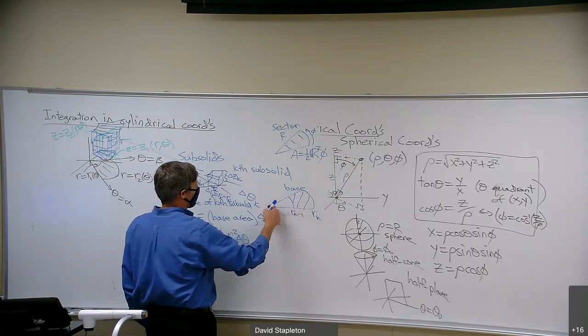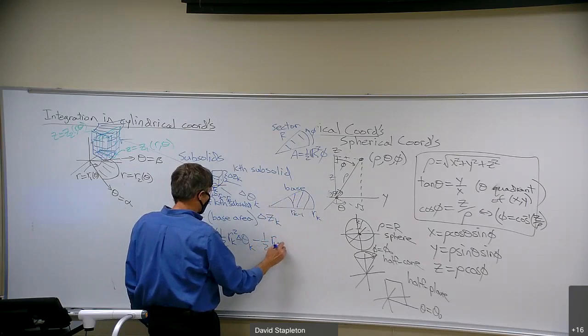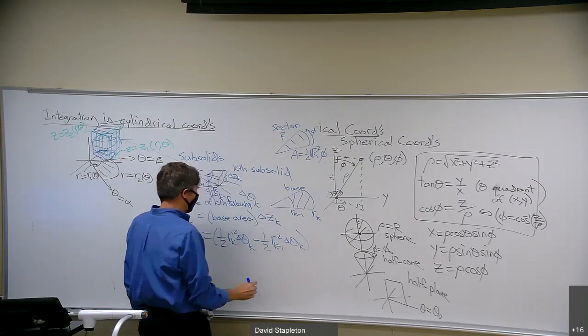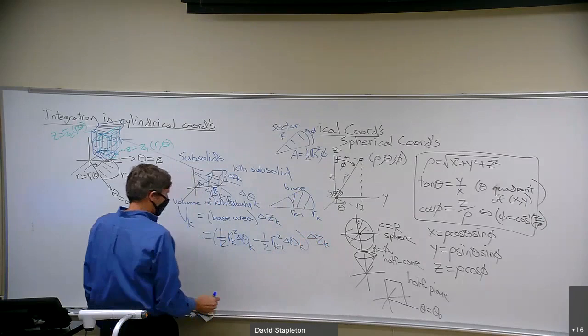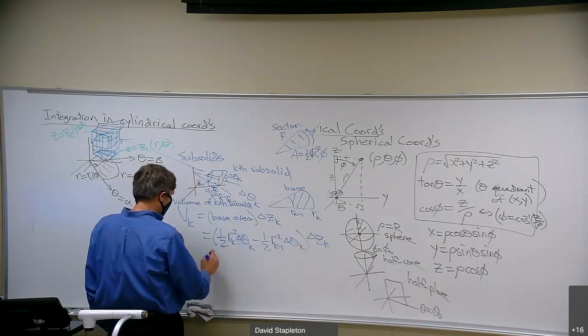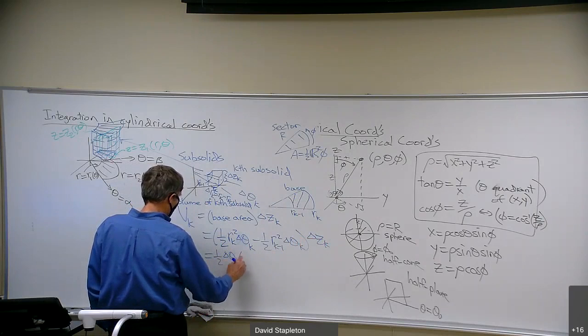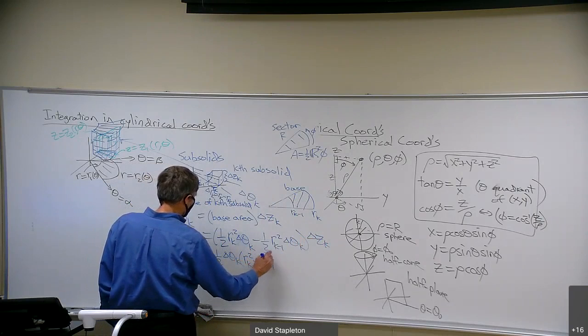Then I subtract off the area of the little sector here, so it's minus 1/2 rk minus 1 squared delta theta k, and then all times delta zk. And if you break this out, you can factor out a 1/2 delta theta k times rk squared minus rk minus 1 squared.